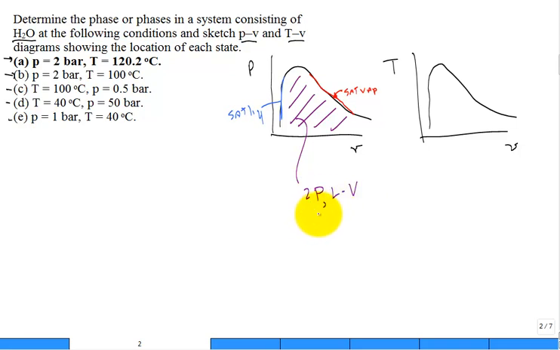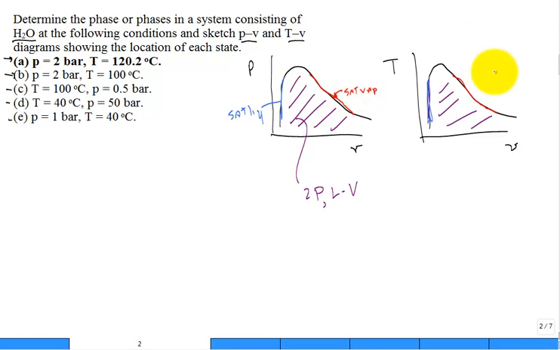That's true for the PV as well as the TV diagrams. I should have changed color, made that blue, then change this to red. So right away you know that we have a region of states known as saturated liquid, then the two-phase liquid vapor mixture, and then the saturated vapor states.